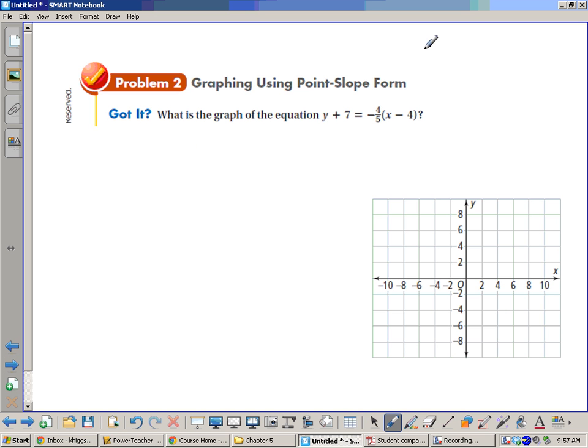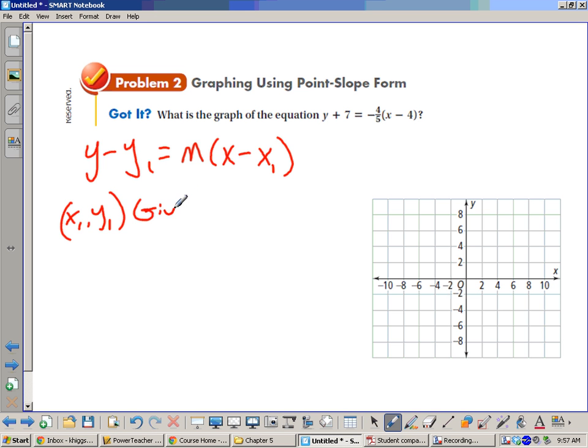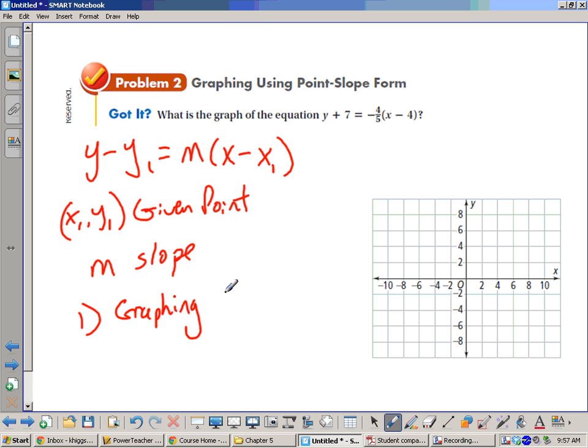Here's an equation we're going to graph using the point-slope form. So remember, the point-slope form is written y minus y1 equals m times x minus x1, where x1, y1 is a point. That's the given point. And m is the slope. So we're going to start with graphing x1, y1.